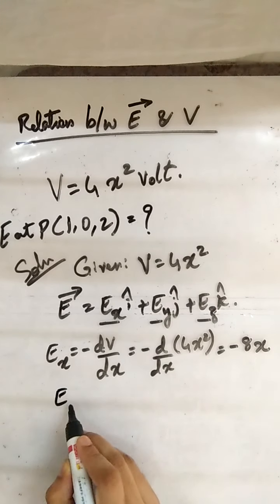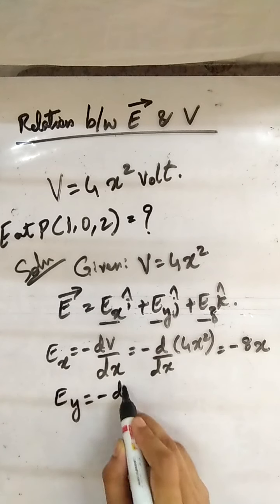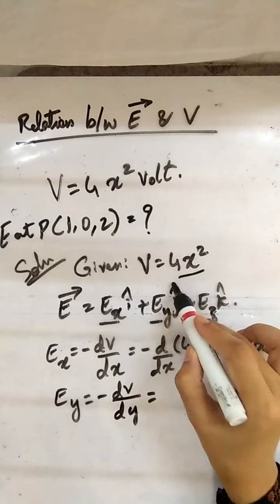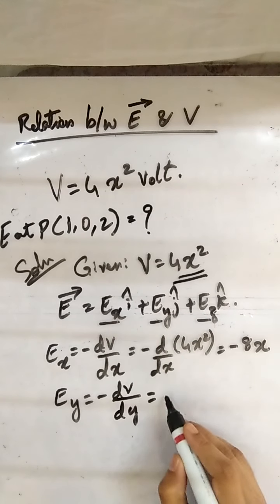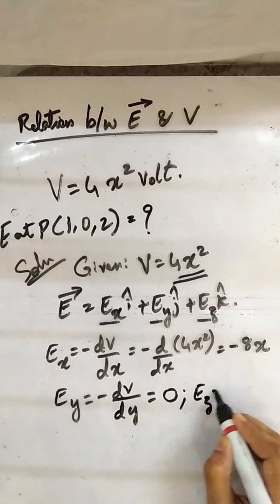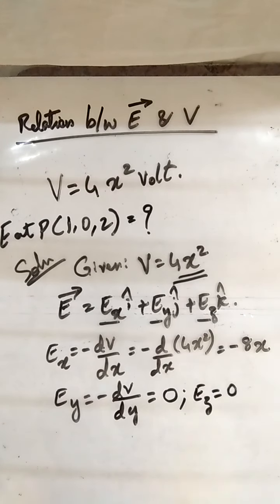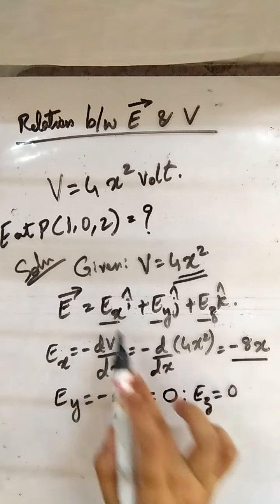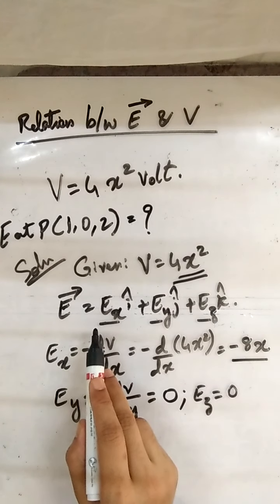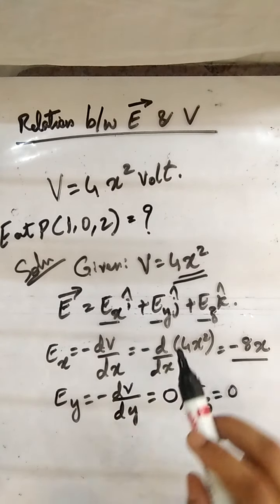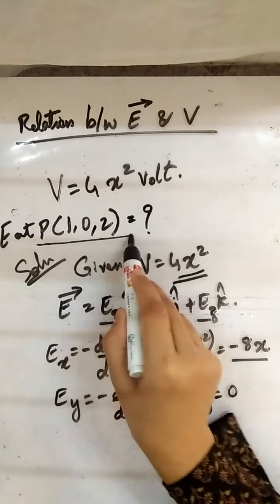Right? Now what is Ey? It is minus dV by dy. Since there is no y term in V, this will be equal to 0. Similarly, since there is no z term in V, Ez is also equal to 0. Done? Now, if you substitute the value of Ex, you will get E is equal to minus 8x i cap. But your job is to find E at this point, correct?